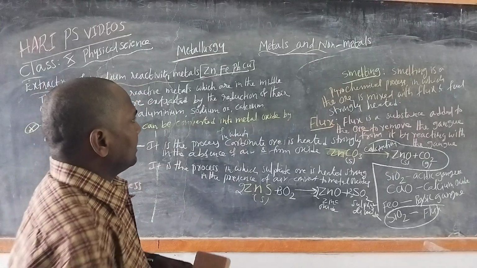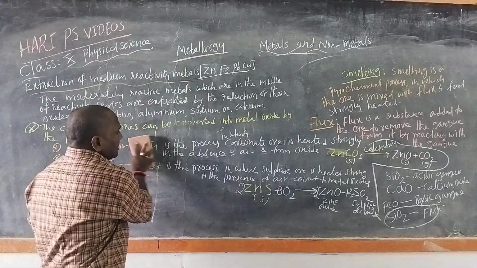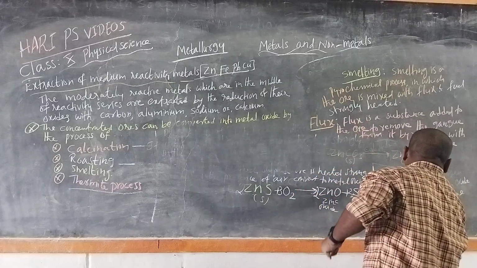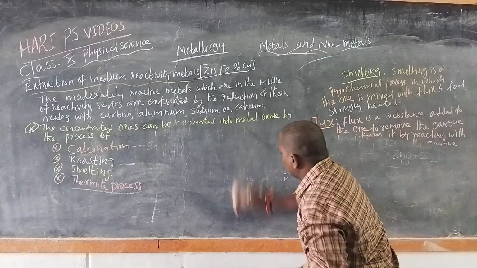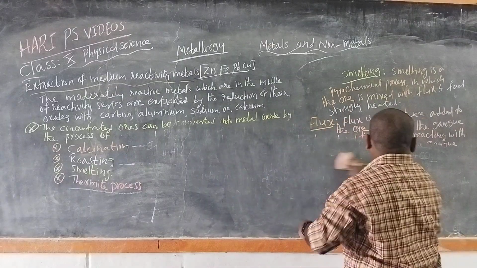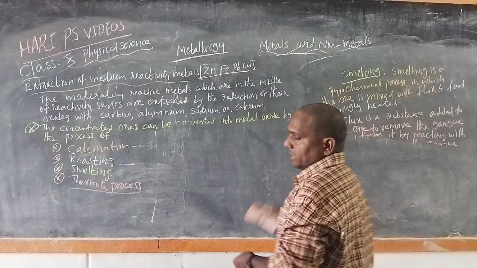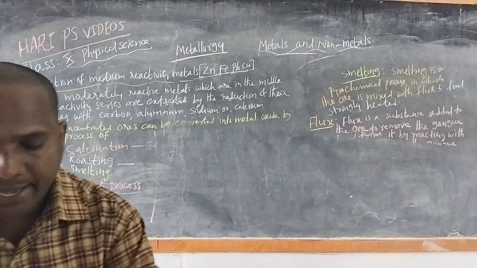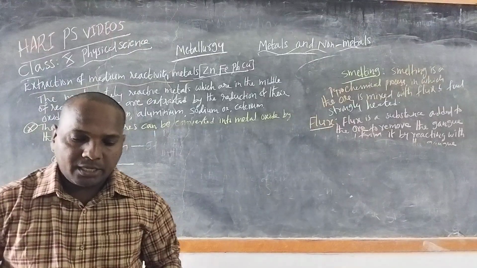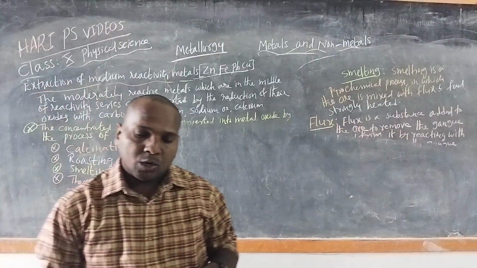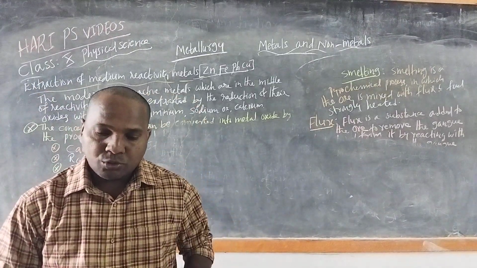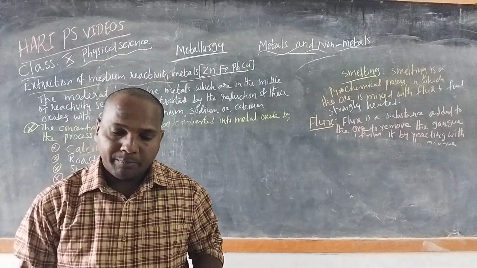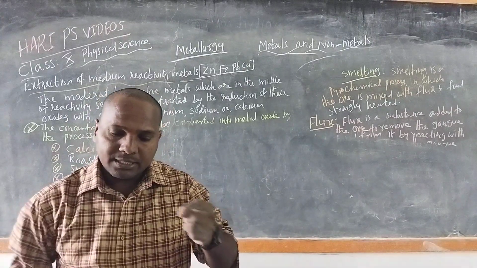So let's understand the smelting process. How is the reaction taking place? The heat is so strong that the ore is reduced to even metal, as in the case of iron, and the metal is obtained in a molten state.